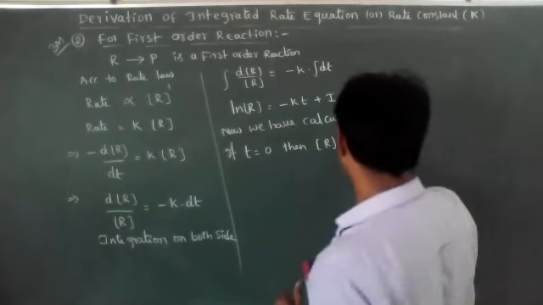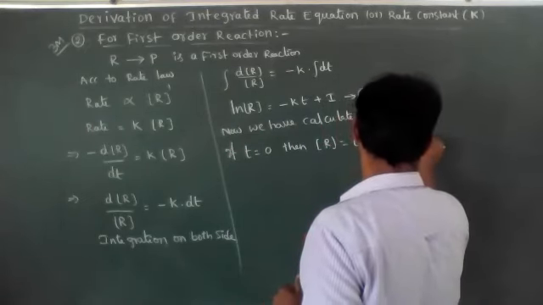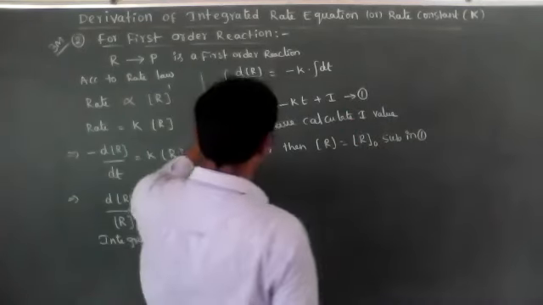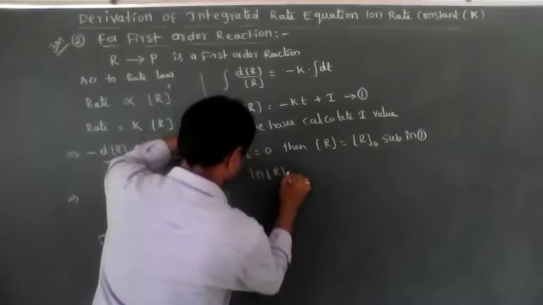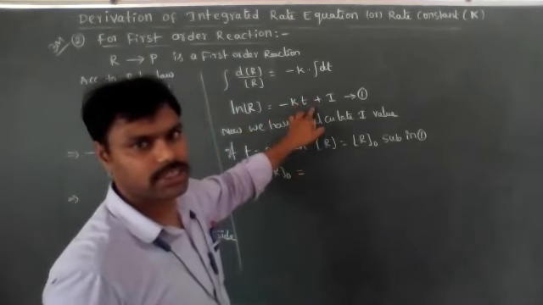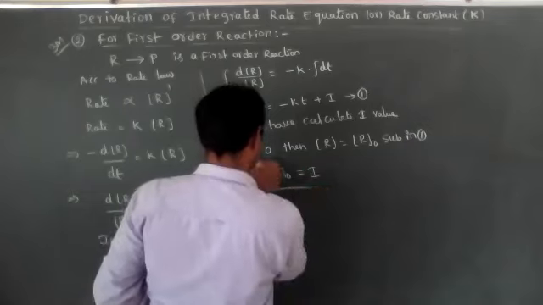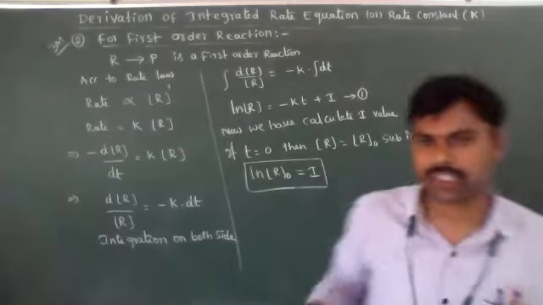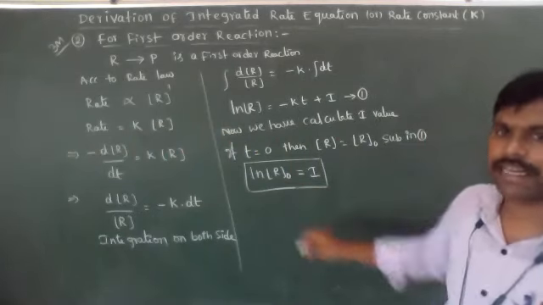Substituting in equation 1, we get ln R naught equals minus K into 0, which is nothing but 0, equals I. So we got the I value. If the initial time equals 0, then I equals ln R naught for a first order reaction.